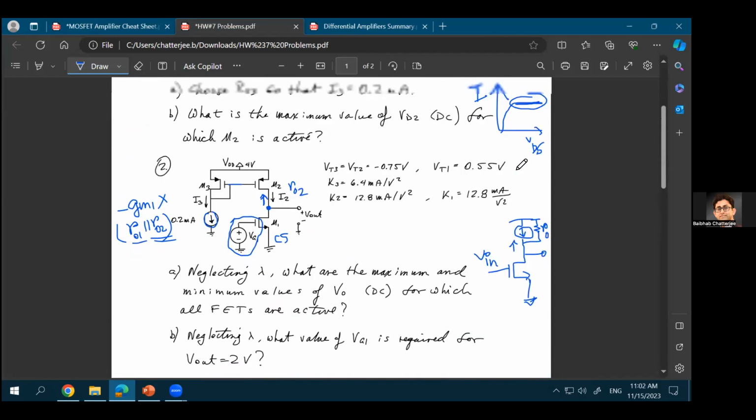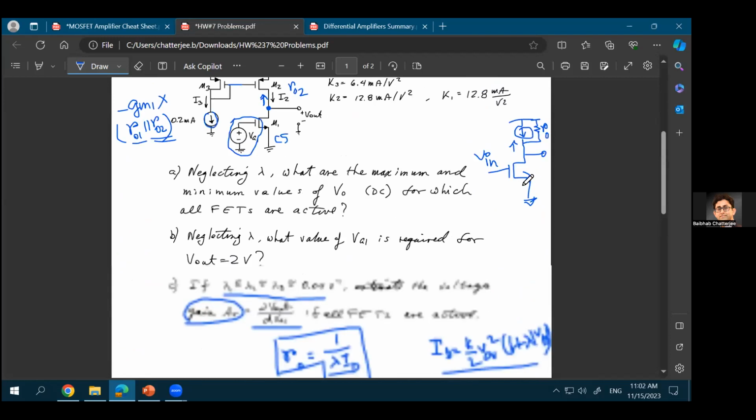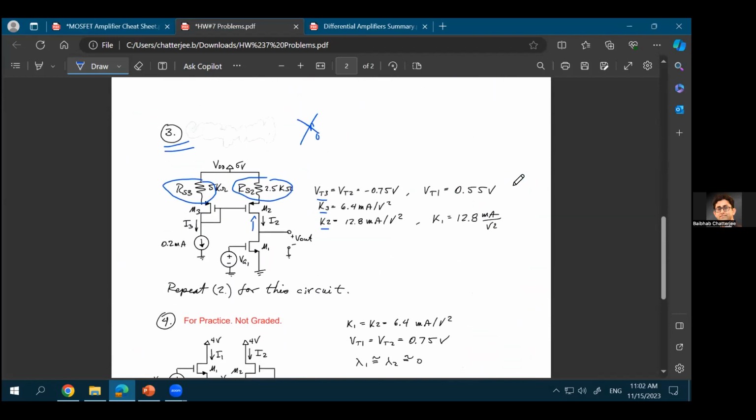So in that case, I found out the drain voltage.